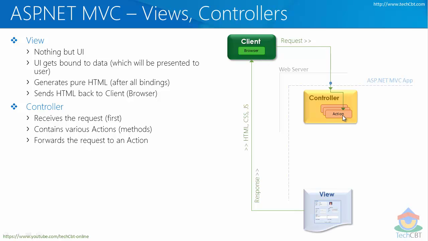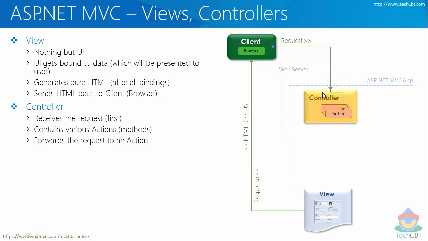So which means finally a request, whenever it is sent from the browser, is going to be handled by an action, and the forwarding of that particular request is going to be done by the controller. Our MVC framework is smart enough to figure out which controller needs to be picked up, and within the controller which action needs to be picked up.